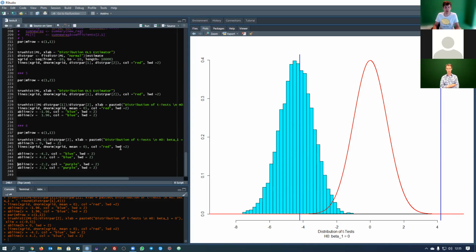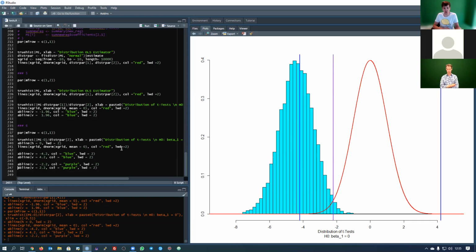If we, for example, observe a t-statistic that is minus 2.2, so this purple one over here, then what we see is that we still are in the outer tail of the distribution, but there is some even visible probability to reject the null hypothesis, although it is true.